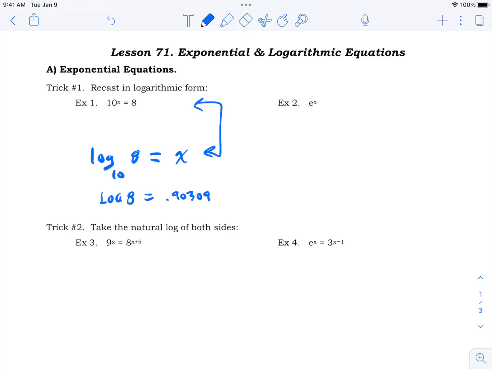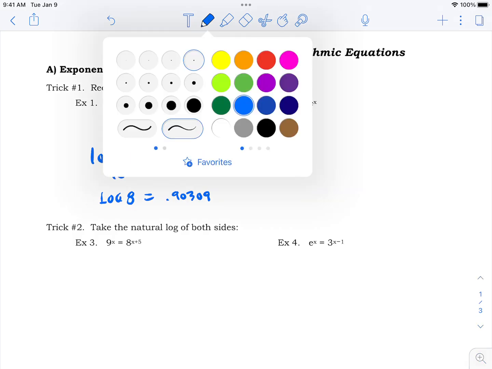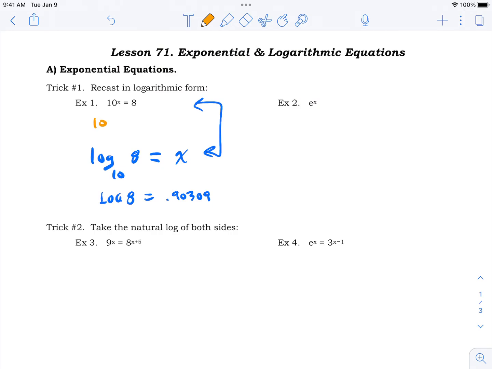And if you want to check it, go back to the original equation, probably in a different color. 10 to the 0.90309, so I'm just checking my answer here. What is 10 raised to the power of 0.90309? I'm getting 8.0000024. So it is very close to 8. It's within round off error of 8.